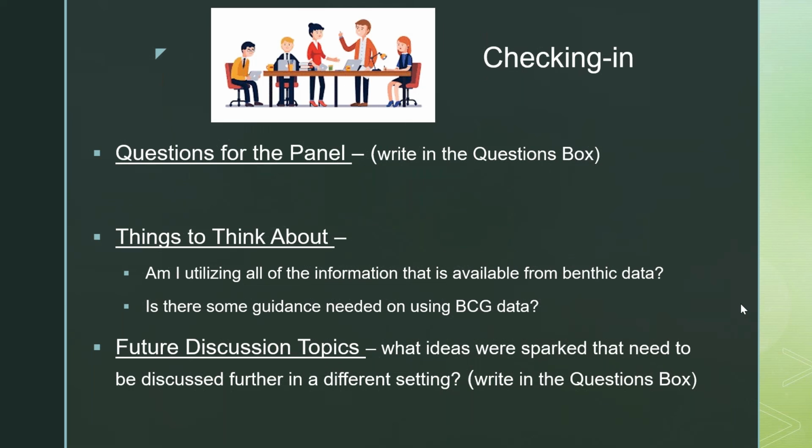Yeah, I would agree with you there. Maybe somebody that was involved in the development of the biological condition gradient could speak better to why that was chosen as one of the parameters to look at there. I don't know for sure.